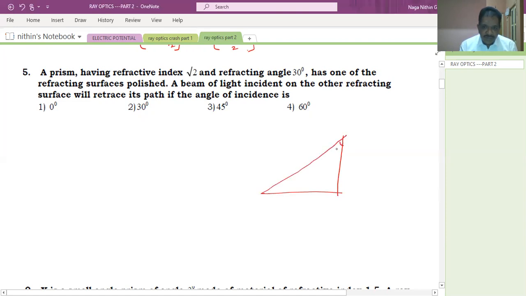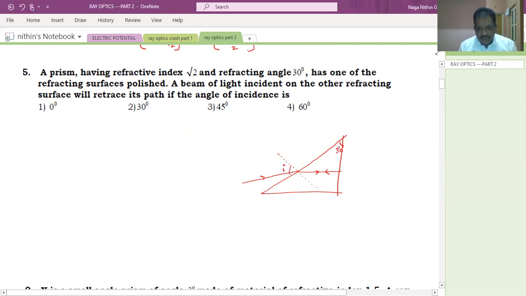This angle will be 30 degrees. One light ray is incident in this manner. This is the normal. It is refracted like this and reflected back like this. Then this angle is how much they are asking.